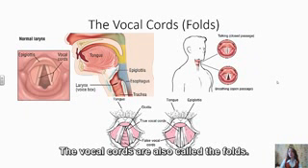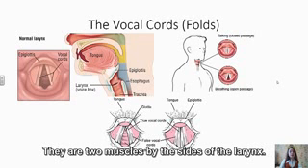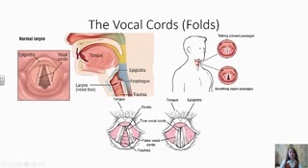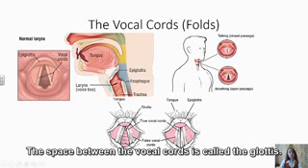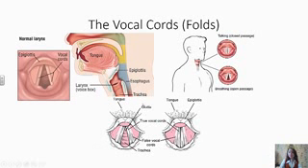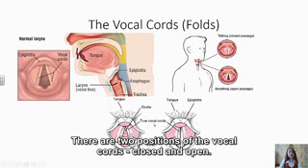The vocal cords are also called the folds. There are 2 muscles by the sides of the larynx. The space between the vocal cords is called the glottis. There are 2 positions of the vocal cords, closed and open.